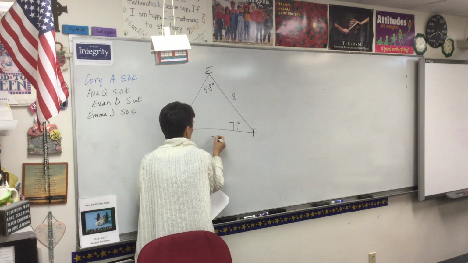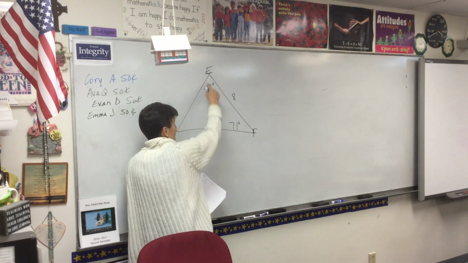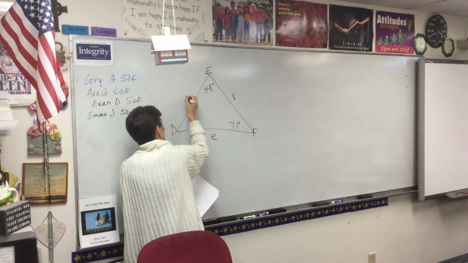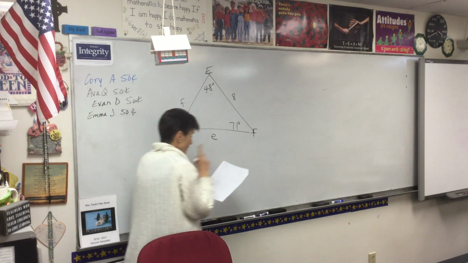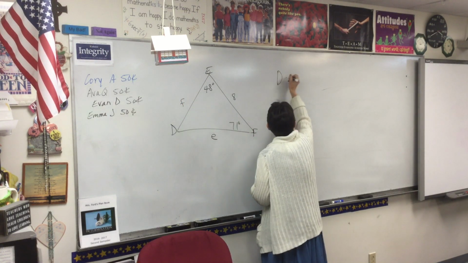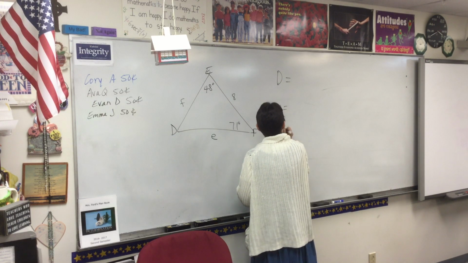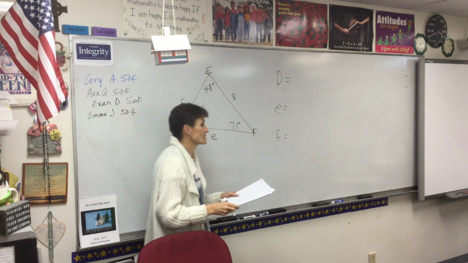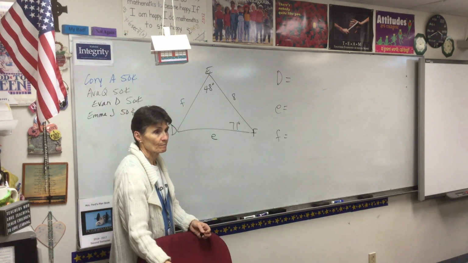So this would be side E, and this would be side F. That's why over to the side it says find big D, little e, and little f. Those are the missing parts of the triangle.